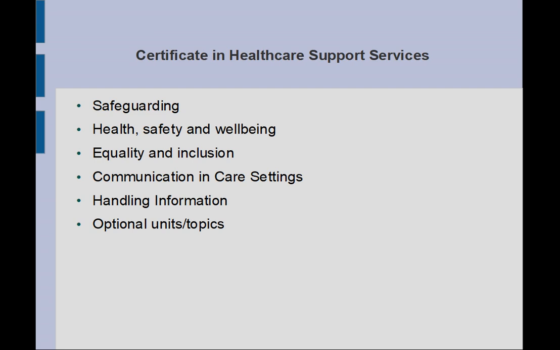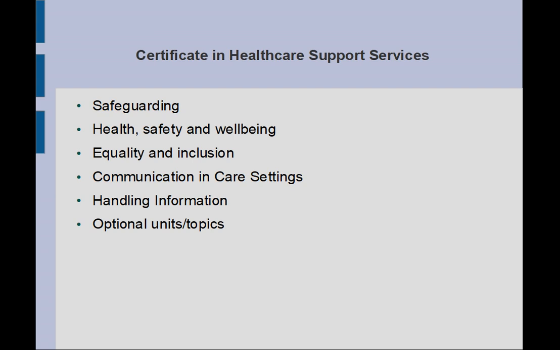You need to know about equality and inclusion as well in any workplace, but I find it's particularly important in health and social care settings, because sometimes the people we work with are vulnerable, and they might be even more vulnerable to discrimination. So we especially have to understand equality and inclusion. Communication and handling information would also be very important.